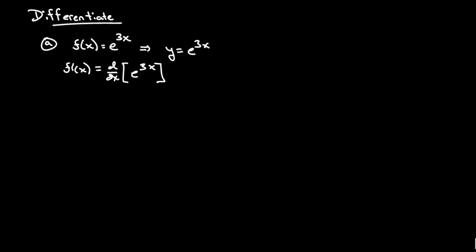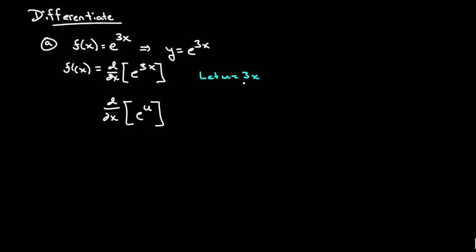So we're going to use our chain rule. Let's let u be equal to 3x. Once we make that substitution, this becomes d dx of e to the u. But we can't differentiate with respect to x with u up here because u is a function of x.